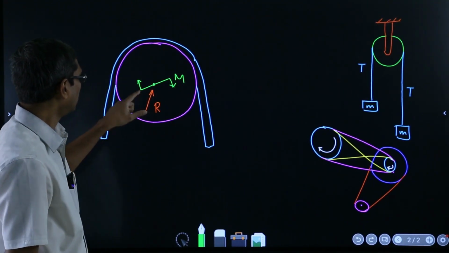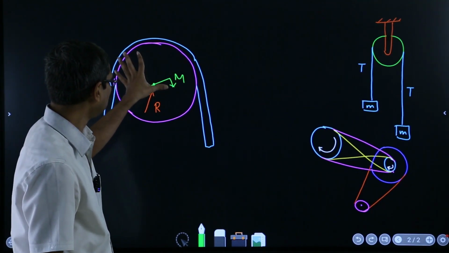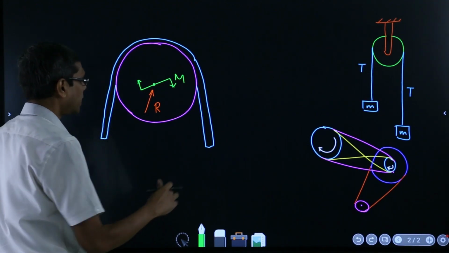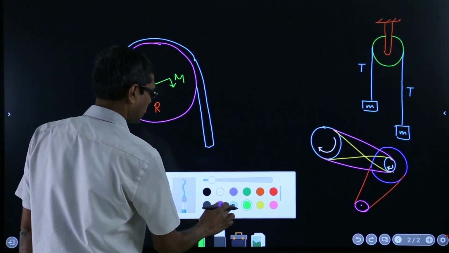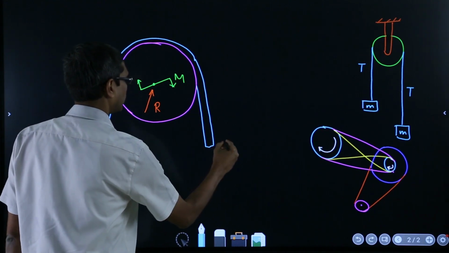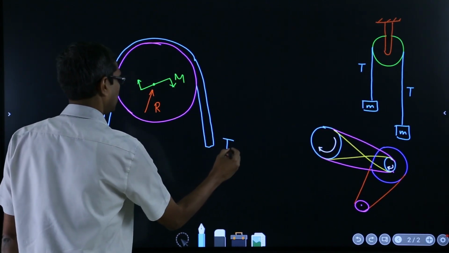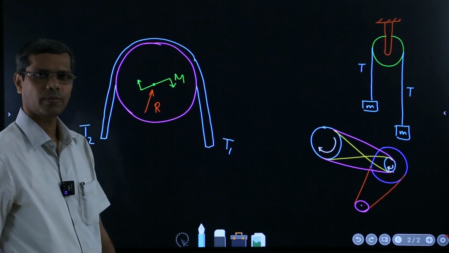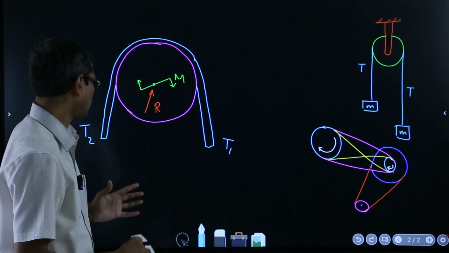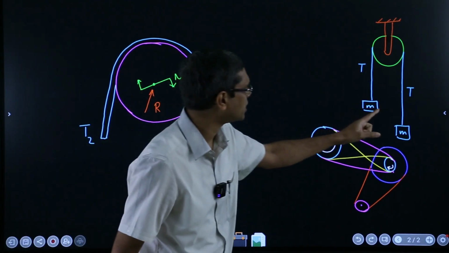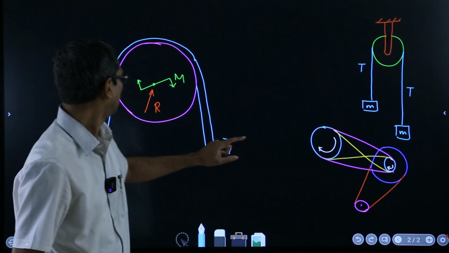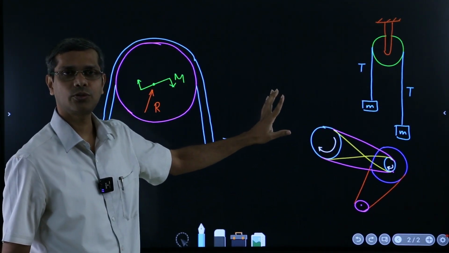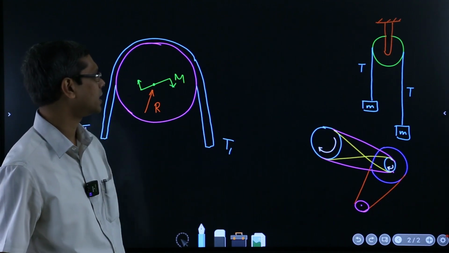And now this moment actually is getting balanced by the tensions which are existing at these two locations, or these two parts, say T1 and T2. Now you see this is the first difference, as opposed to the frictionless pulley case, where the tension used to be always the same.